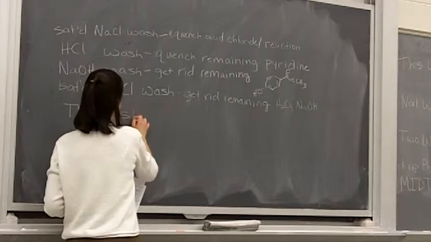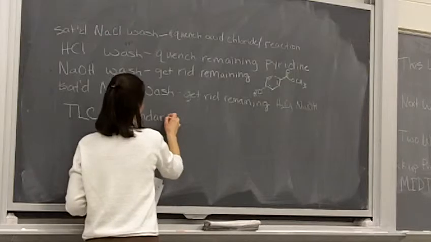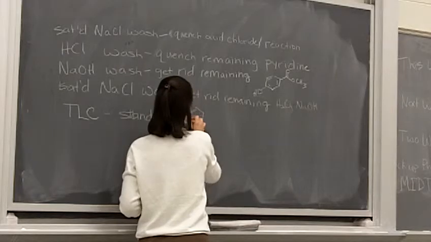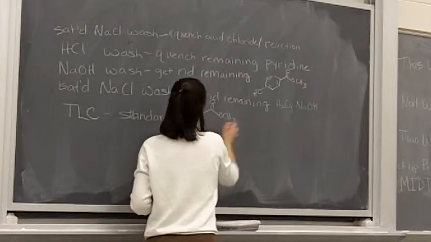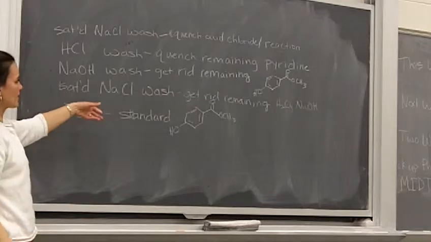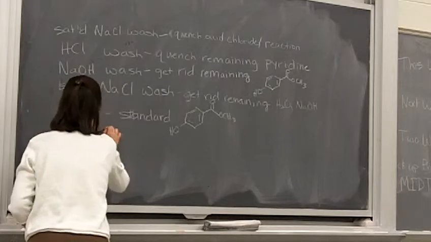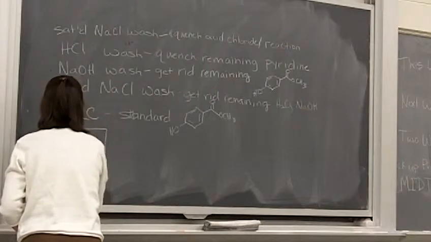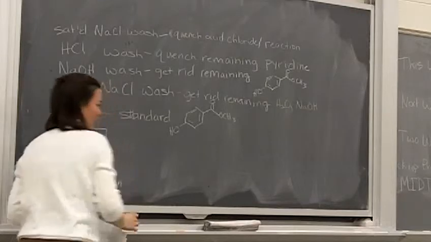So we have a TLC standard for your starting material, and then you're going to TLC just your organic layer once you finish with these washes. On the TLC plate, you're just going to spot two things. You can use the skinny TLC plates for here. You can put your standard on one side and your reaction mixture on the other, okay?